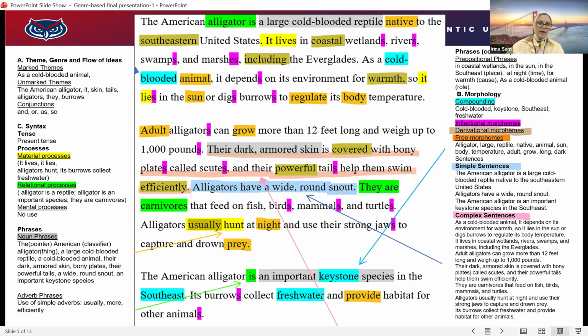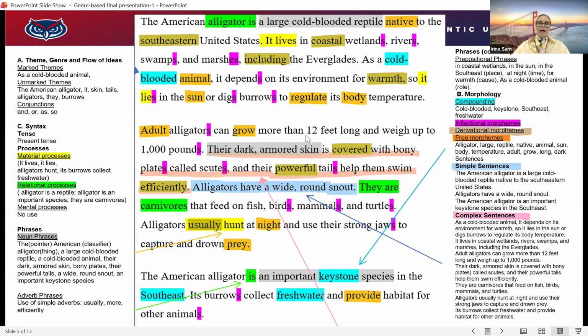There are also strong noun phrases, which I marked with gray color, that provide detailed descriptions. We can also find simple connectors like and so that help with the flow of ideas.